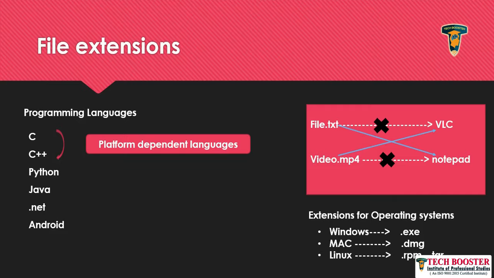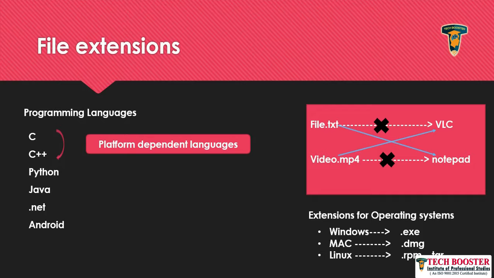The most important thing here is that C and C++ can only be used to develop standalone applications. That is, platform dependent languages can be used to develop only standalone applications. You cannot develop a web-based application using C or C++.